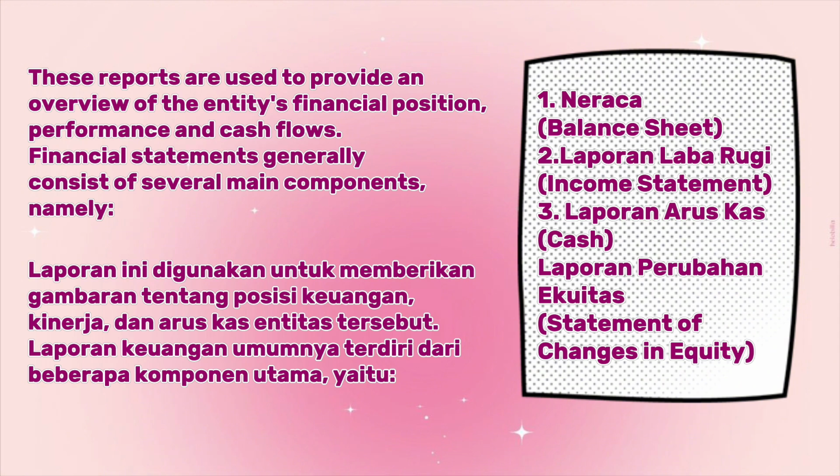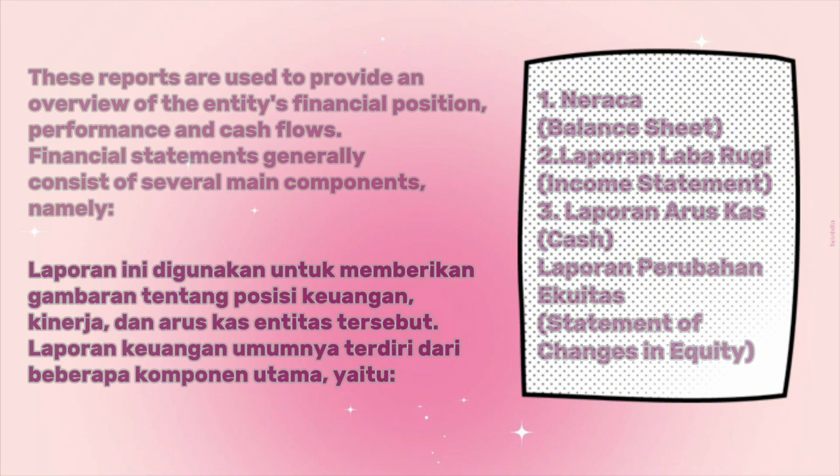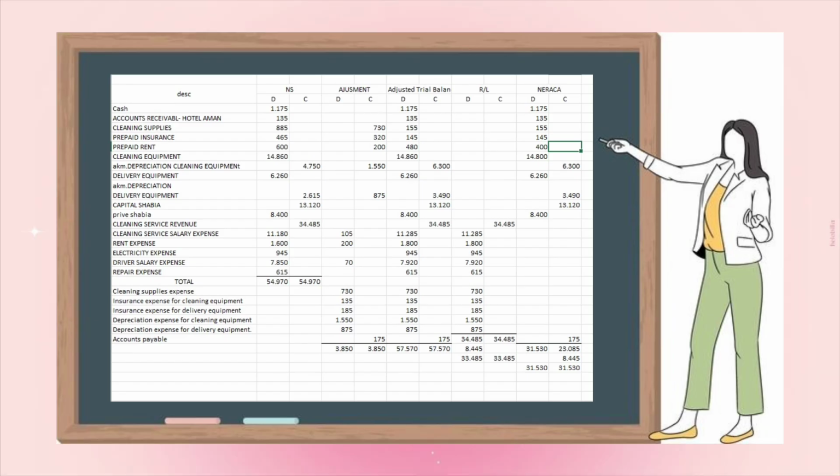Financial statements generally consist of several main components, namely balance sheet, income statement, cash flow statement, and statement of changes in equity. Prepare the income statement, statement of change in capital, balance sheet, and cash flow statement. Use data from the trial balance after adjustment.